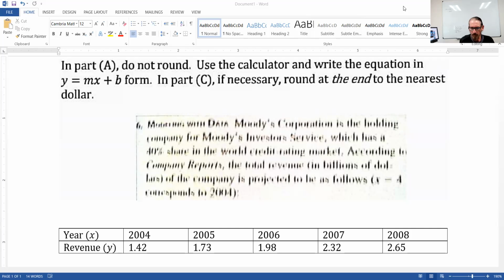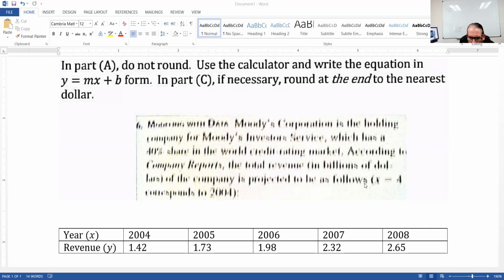they may be showing. We're told here that Moody's Corporation is the holding company for Moody's Investors Service, which has a 40% share in the world credit rating market, at least at the time of the rating. According to Consumer Reports, the total revenue in billions of dollars of the company is projected to be as follows.